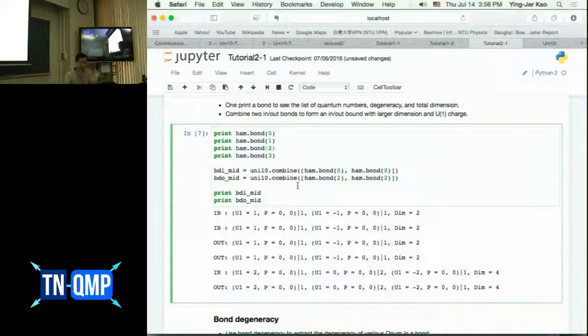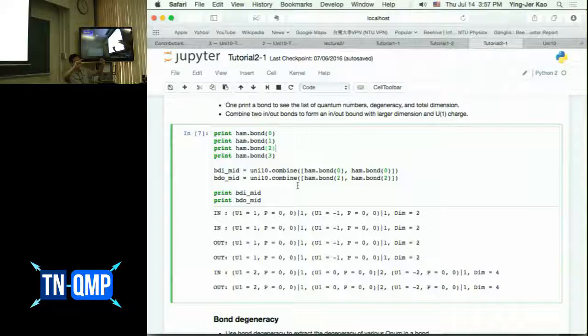And there are a lot of bond operations we can do. I can combine these bonds. In tensor networks, a lot of times you have to combine bonds but keep the bond information separate. For example, you contract the MPS and MPO, then you have a very big leg, and you want to do SVD.